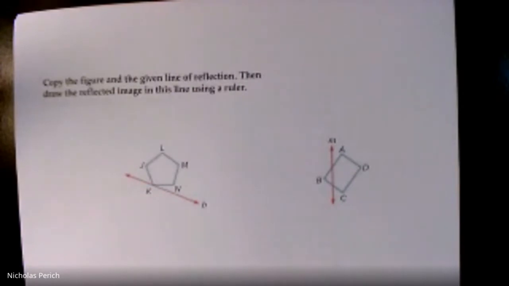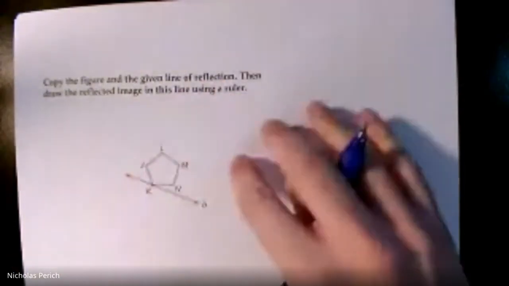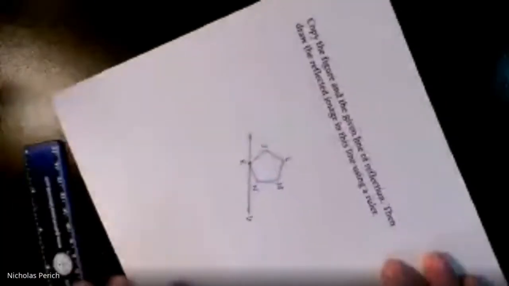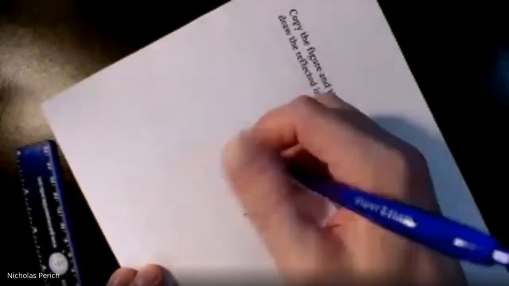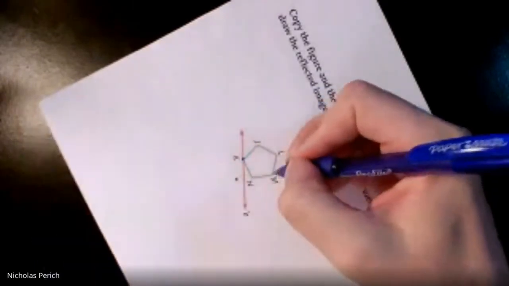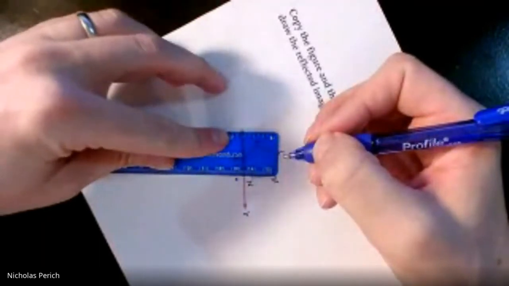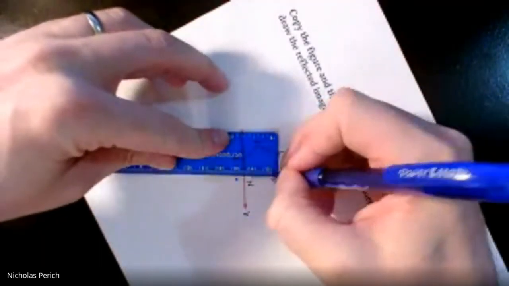Let's do the one on the left, because the one on the right's pretty simple. K is on the mirror. Okay, let me actually tilt it sideways, because I actually can now. N is like that far away. M is, let's see how far away M is, like that.